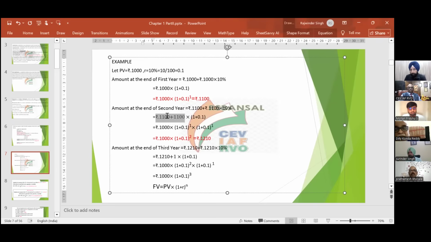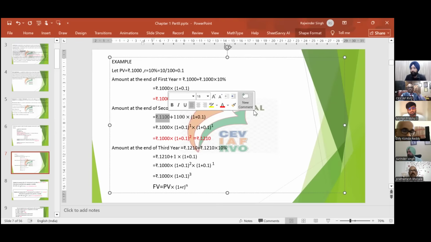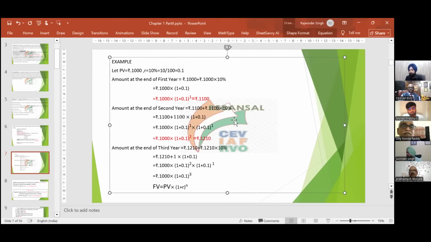Instead of 1,100, you can write 1,000 into 1 plus 0.1 raised to power 1. So you can write here 1,000 into 1 plus 0.1 raised to power 1, and again 1 plus 0.1 is there.